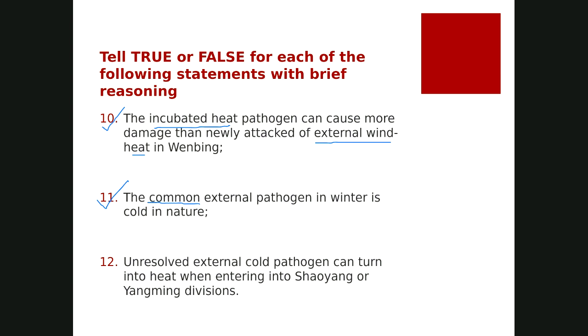Now, question 12. Unresolved external cold pathogen can turn into heat when entering into the Shaoyang or Yangming division. So this is a partial review of Classics 1 and partial learning if you have not done Classics 1. This is correct. Any unresolved external cold pathogens, once they enter the Shaoyang or Yangming, or before they enter, through the transition procedures, all turn to some level of heat.